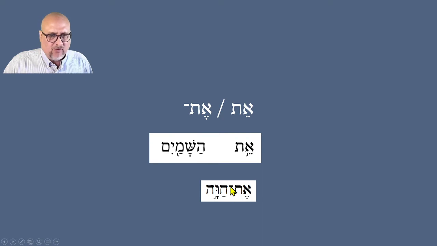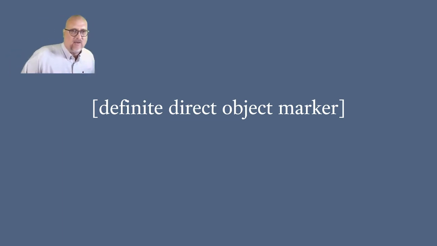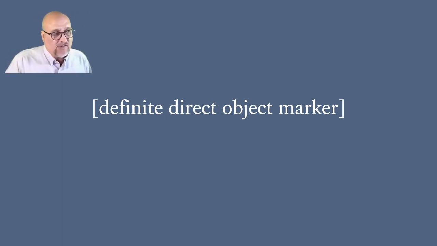And so it has the makaf, and it makes Eve the direct object of the verb know. Adam knew the Eve. You with me? So it's the definite direct object marker. You don't translate it. It's just a little sign that shows you, okay, this is the direct object of the verb.